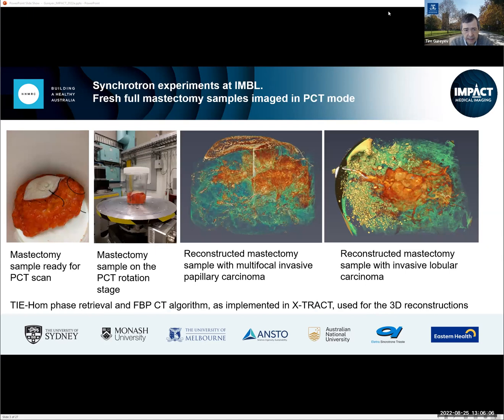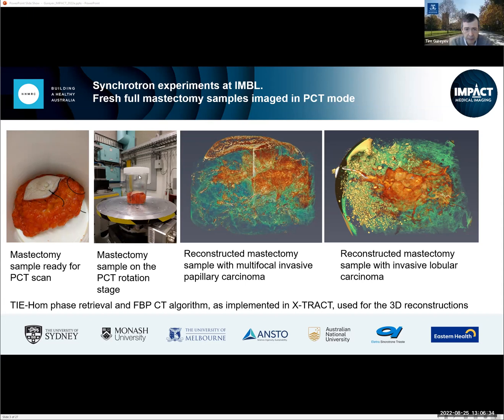And when we scan mastectomies, we usually receive them from the Eastern Health, our colleagues, for which we are, of course, very grateful for the supply of these samples. Then we place a sample into a plastic container, put it on the rotating stage. Can you see my pointer? We do, yeah. Yes, we can.